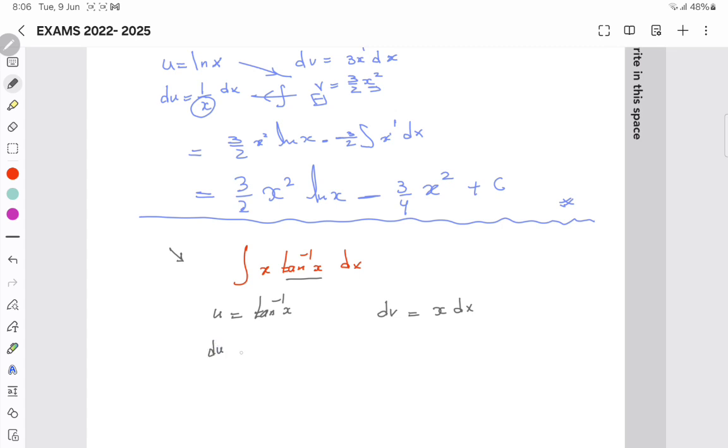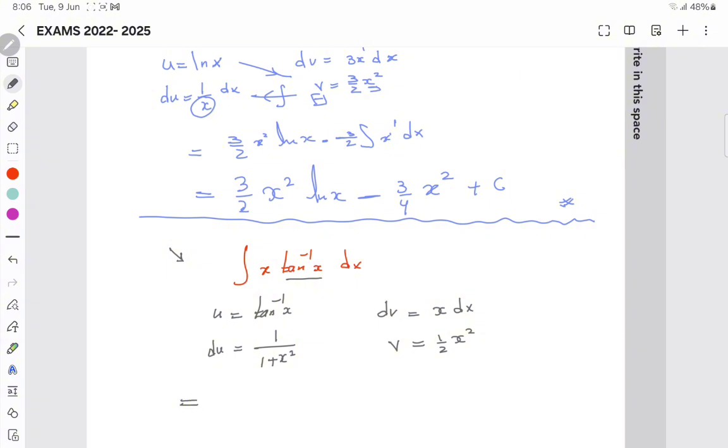Always we differentiate u implicitly. The derivative of tan inverse x, from first semester, is 1 over 1 plus x squared, and the differentiation of x is 1. Now I will integrate that to get v: we add 1 to the power and divide by the new power.